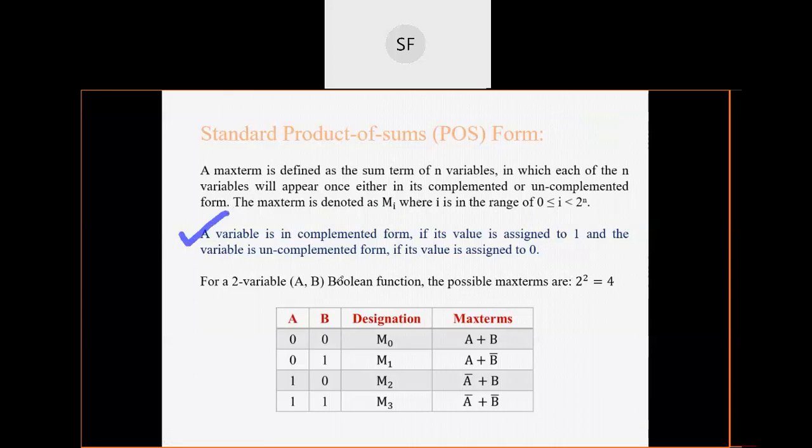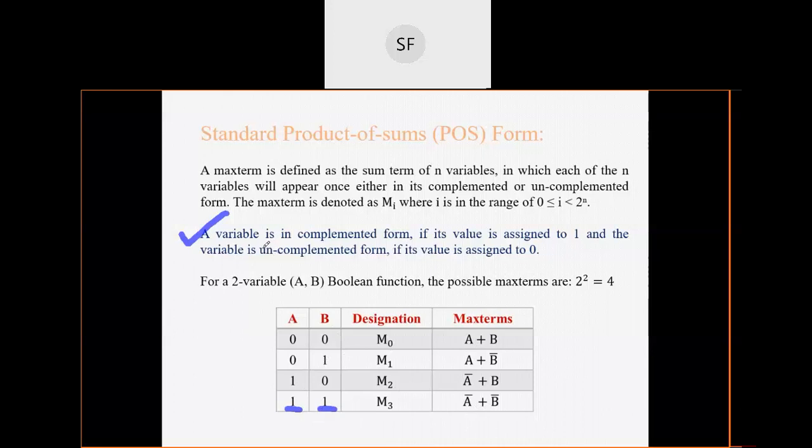If you remember that while discussing the min terms, what we have seen that if 0 is assigned to variable, we have written the complementary form of the variable, है ना? When 0 is assigned, we have written the complementary form. But now here in this case, you can observe when 0 is assigned to variable, you have to write the uncomplementary form, means no bar is there. And if 1 is assigned to the variable, now you have to take the complementary form.